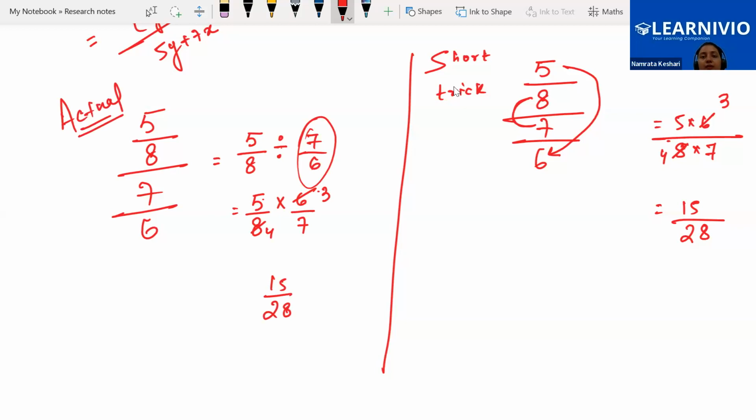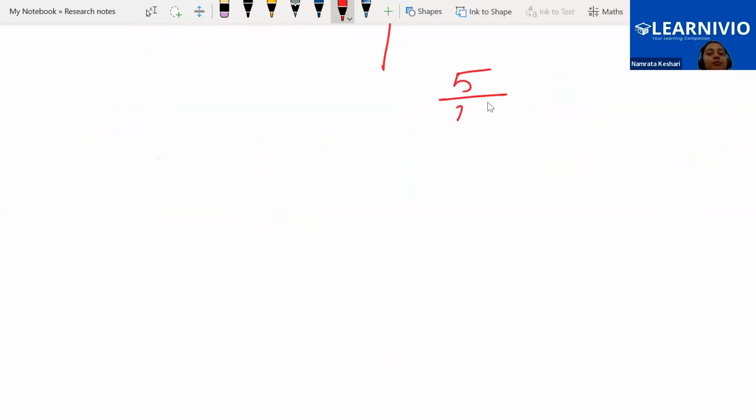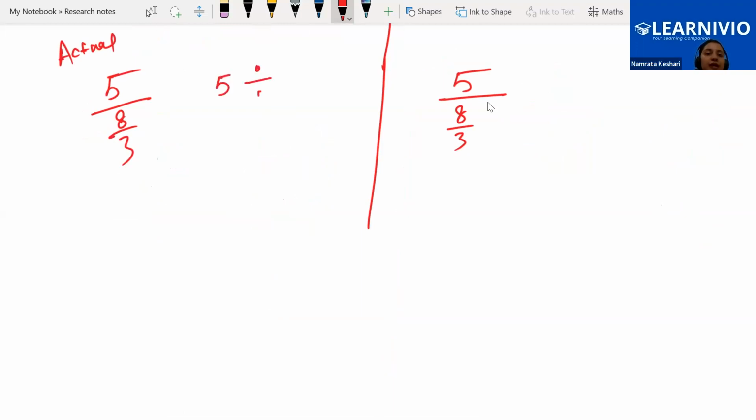Getting it, Hanyan? Yeah. Now the next thing is, what if we have 5 by 8 by 3? Then how will we use the short trick? Here we can add a 1, yes, we can write 5 by 1, or we can write 5 divided by 8 by 3.